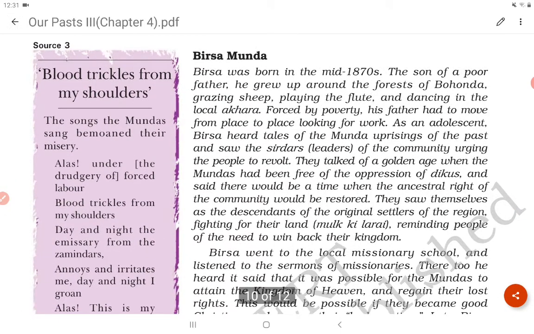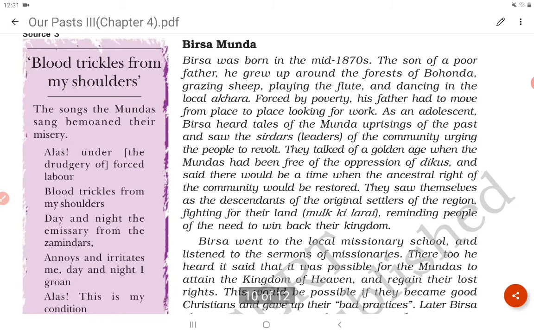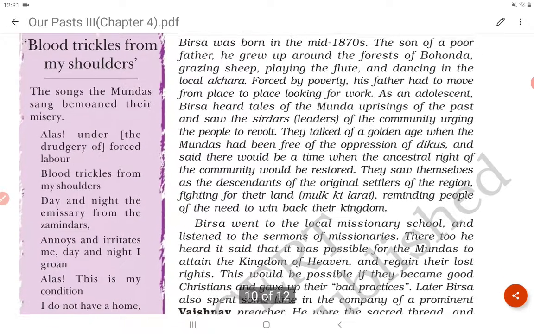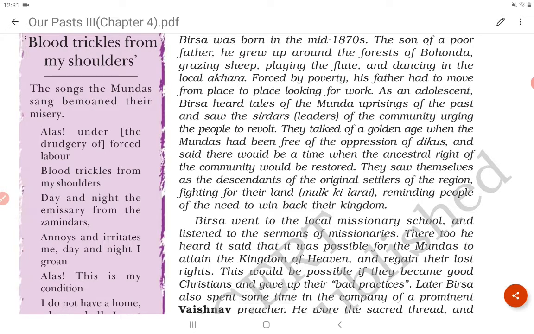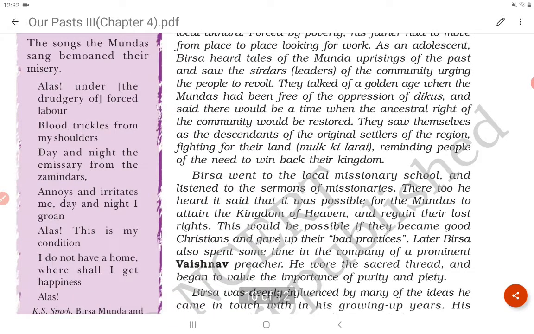Source 3. Blood trickles from my shoulders. The songs the Mundas sang bemoaned their misery. Alas, under the drudgery of forced labor, blood trickles from my shoulders.